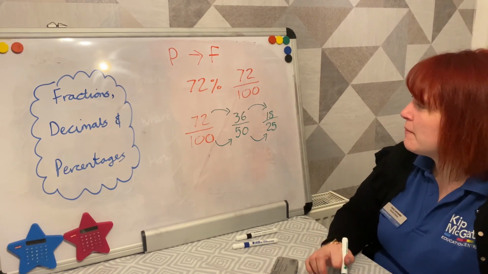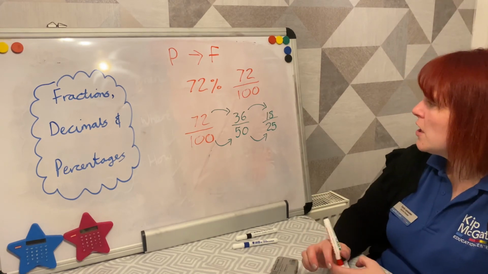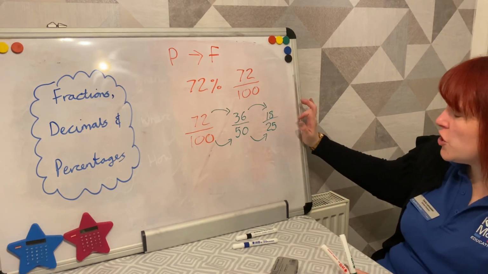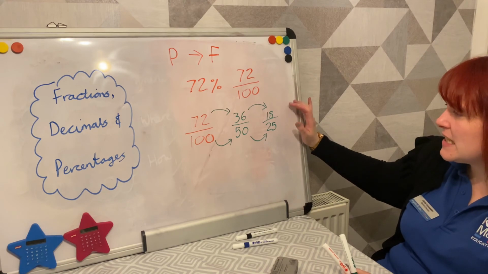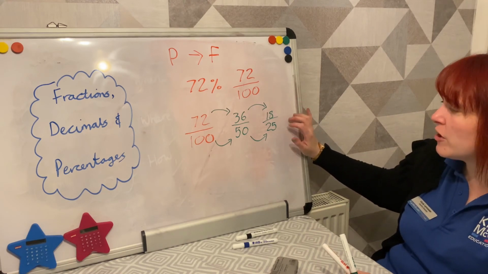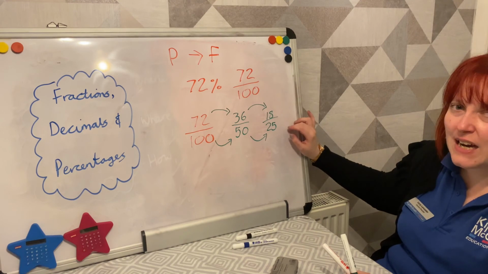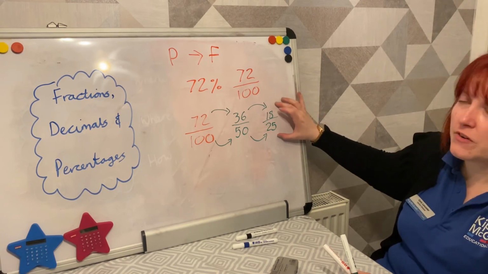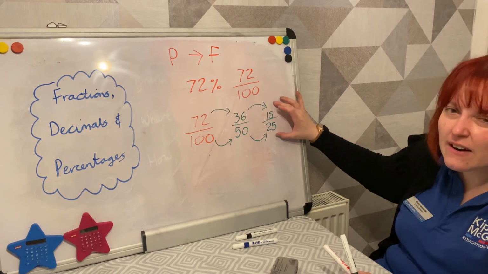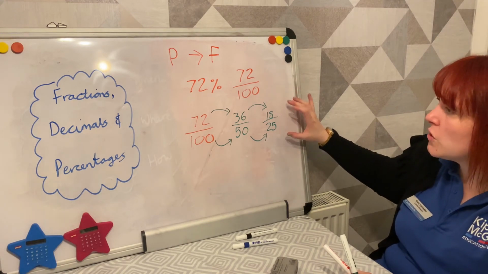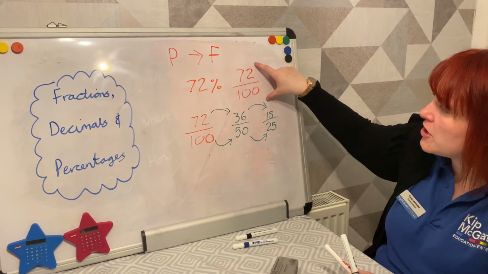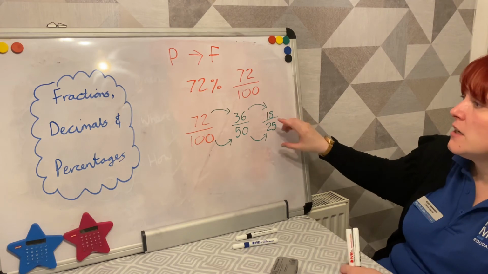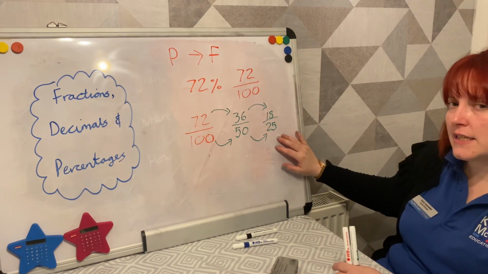And at that point, I'm looking to see if there's any common factors. Well, 18 divides by 1 and 18, 2 and 9, 3 and 6. 25 divides by 1 and 25, and 5 and 5. So we know that there's no common factors. And so that is as far as we can go on that one. So once we've got to our fraction, we simplify it, and that will be our final answer.